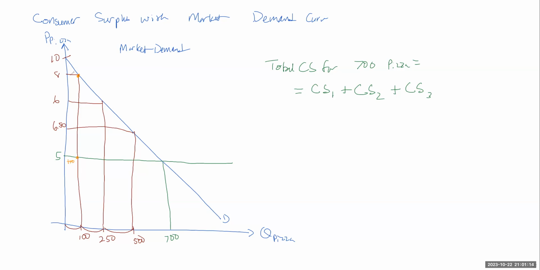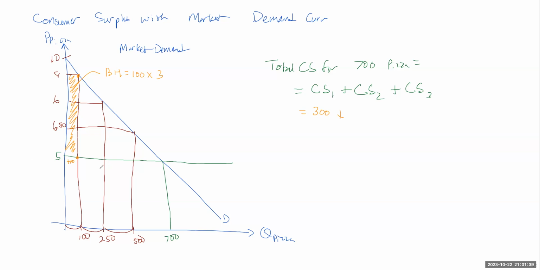So the consumer surplus is the area of this rectangle, and that is base times height. That's how you find the area of the rectangle. The base is 100 times height is 8 minus 5, or 3. So it'd be 300.